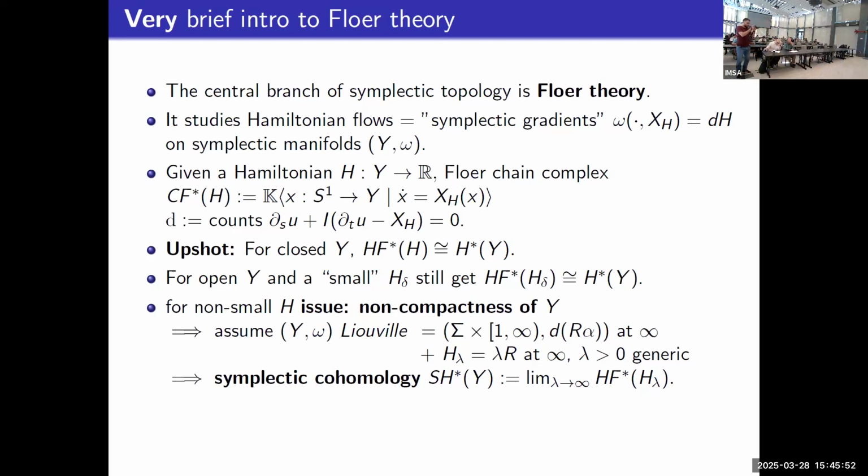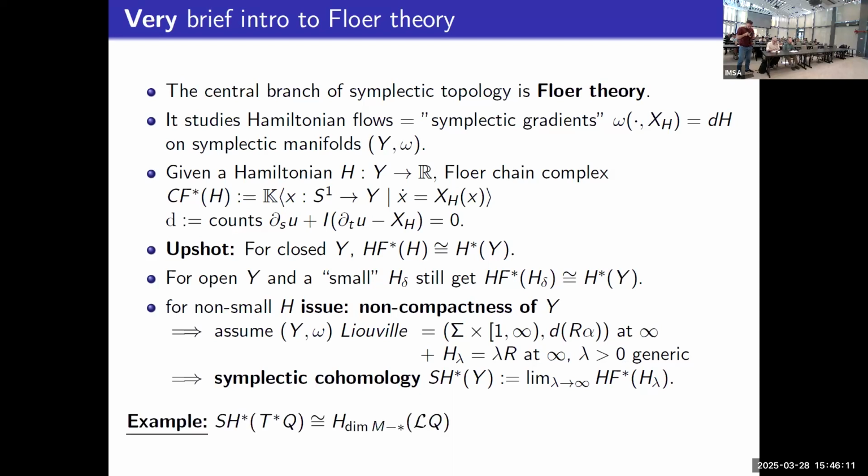The other one is, do you have exact Lagrangians in the symplectic manifold? Well, again, if symplectic homology is 0, then there are no exact Lagrangians. That's a theorem I cannot explain now, but somehow we realize that knowing information about symplectic homology can give you something about your symplectic manifold. So it's an interesting invariant.